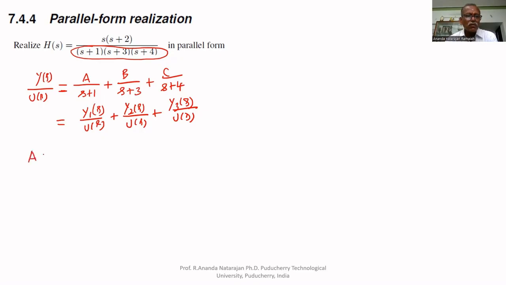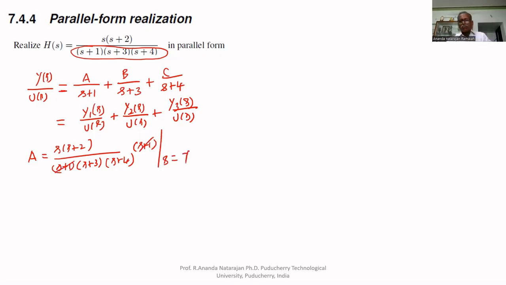A equal to s into s plus 2 upon s plus 1 multiplied by s plus 3 multiplied by s plus 4, multiplied by s plus 1, with s equal to minus 1.